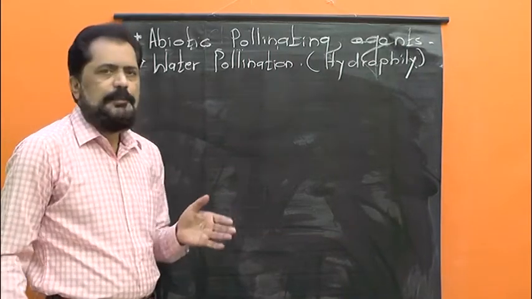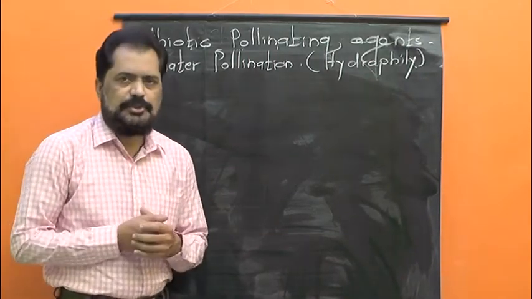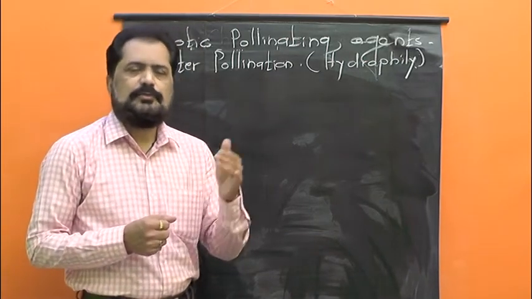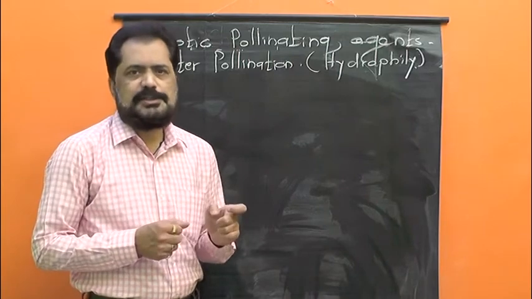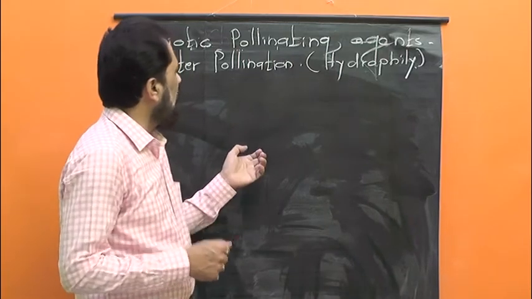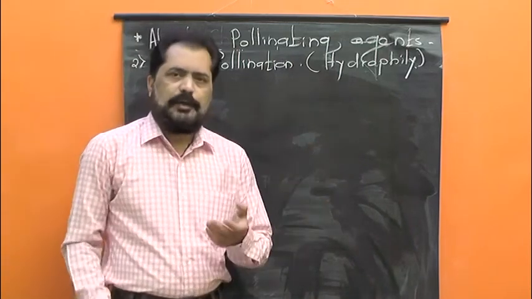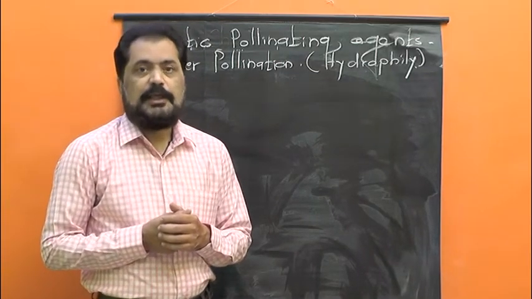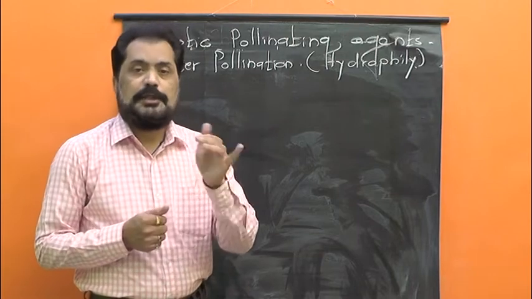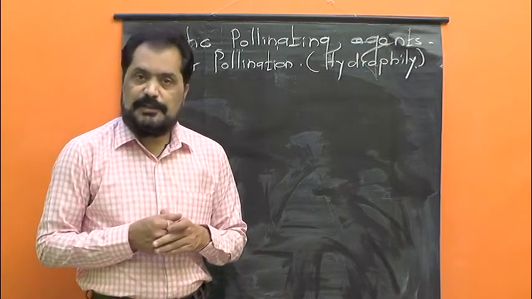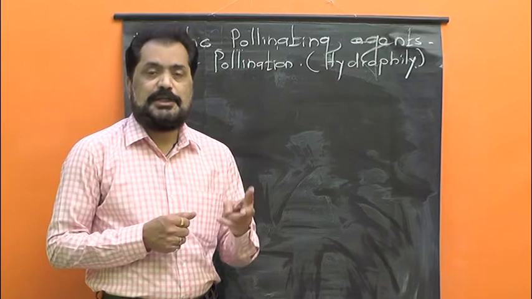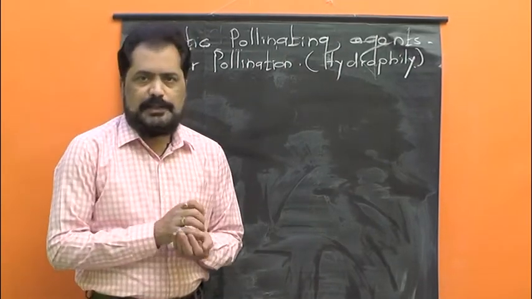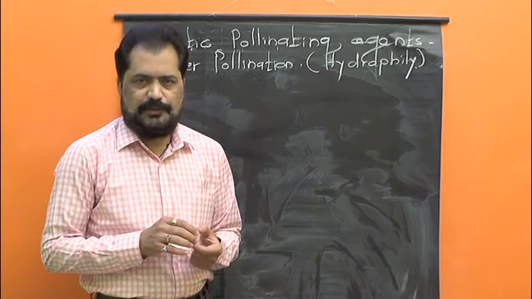So the type of pollination in which pollen grains are carried from anther to the stigma through the agency of water is known as water pollination or hydrophily. And the flowers in which pollination is achieved through the agency of water are known as hydrophilous flowers.